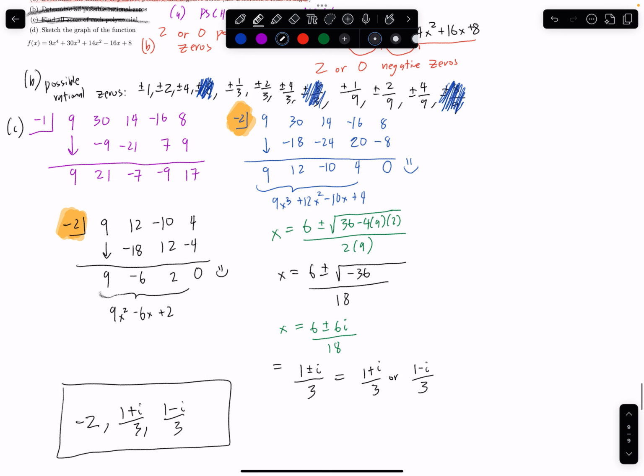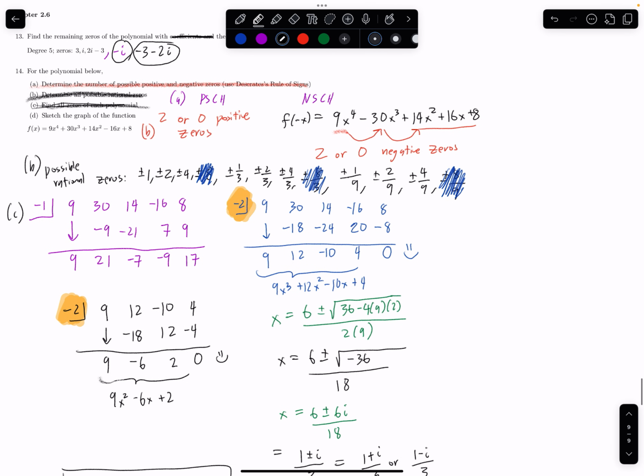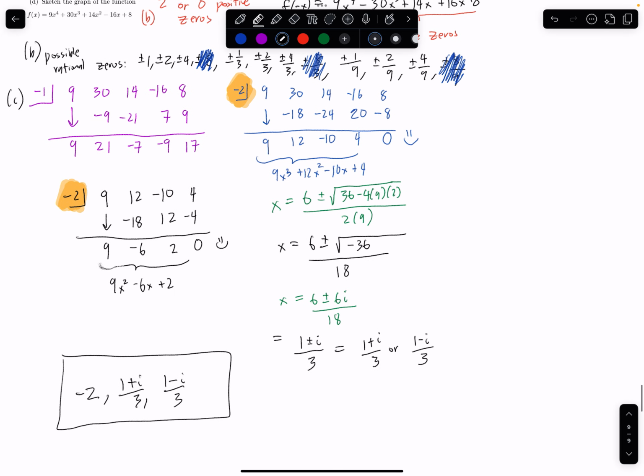Now, lastly, sketch the graph of the function. Okay, easy. To do that, I'm going to copy that function down here so I have a reference because I'm running out of space. Okay, this is my preferred method here. Now that I have the zeros, right? 14x squared minus 16x plus 8.